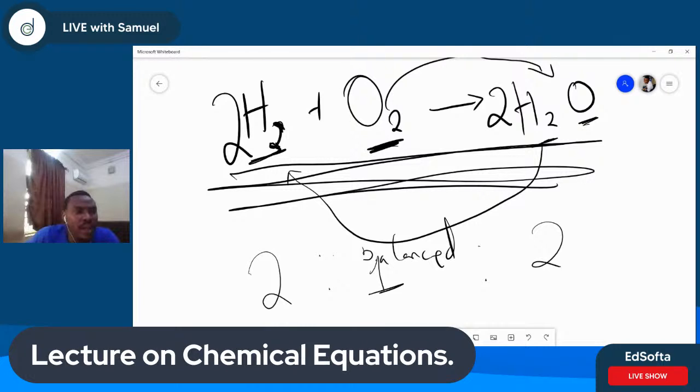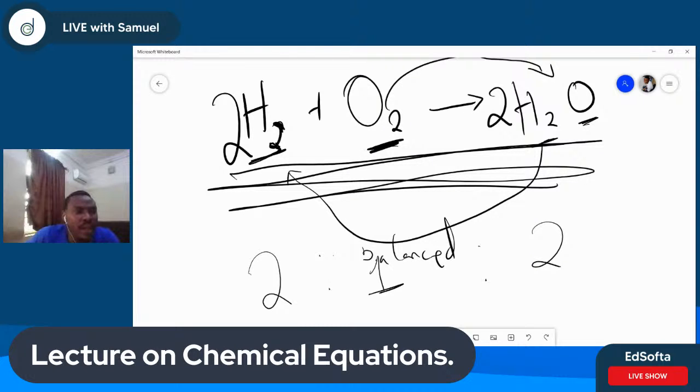But if we did not have this, we don't have the right ratio. So what we'll just be doing is synthesizing rubbish. So a balanced chemical equation gives us the ability to know the exact ratios, and it gives us more value.